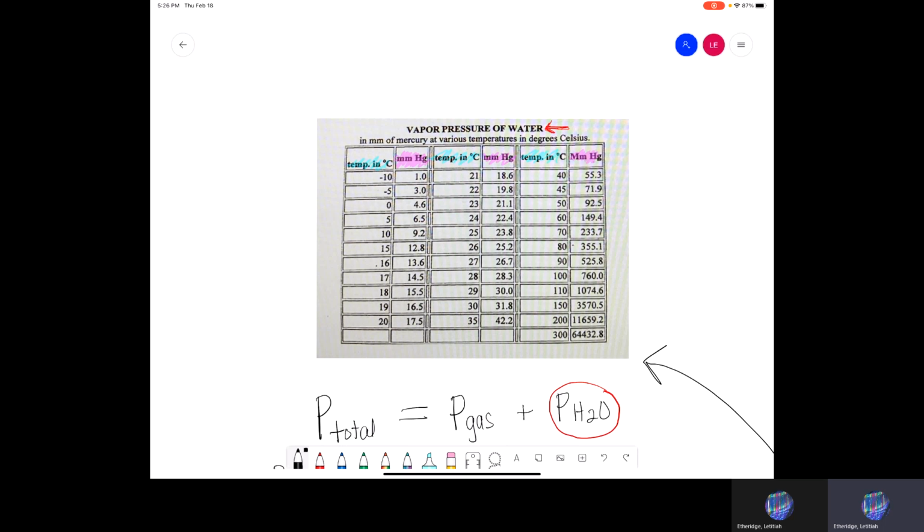So let's take a closer look. The number I'm looking for is 187. Okay, so it looks like right here, we're at 149. And then it looks like at 70, we are at 233.77.